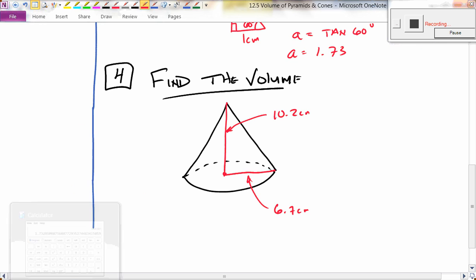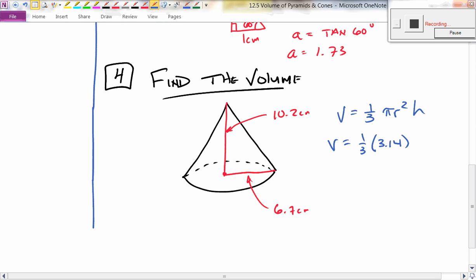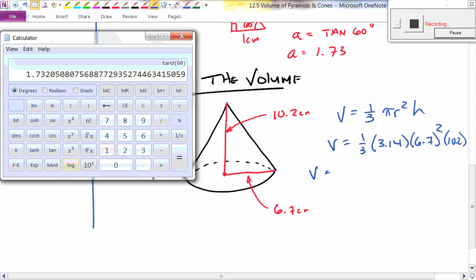So we bring that over to our problem, and we say the volume must be 1/3 pi r squared h. So that means we're going to have 1/3, 3.14, the radius is 6.7, so we're going to square that and then multiply it by 10.2 because that's our height. So we'll run straight into the calculator. Here's how I'd suggest doing this.